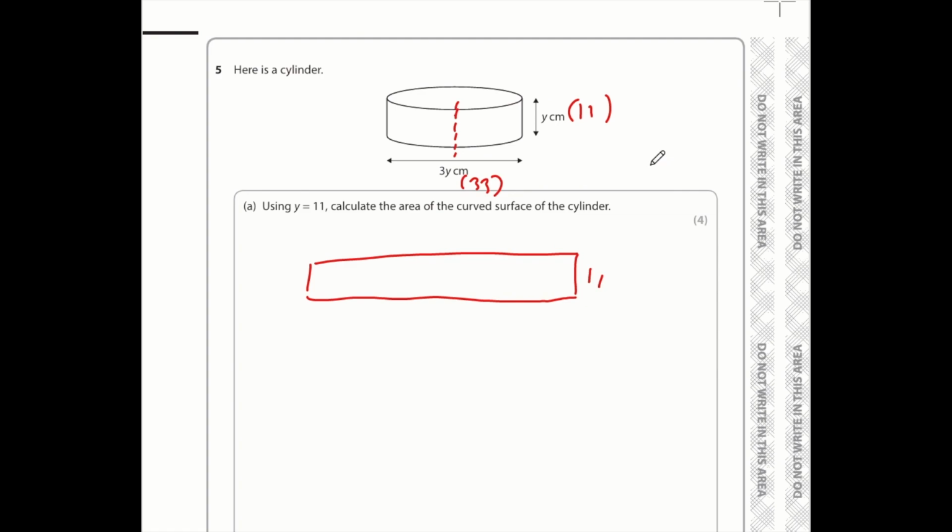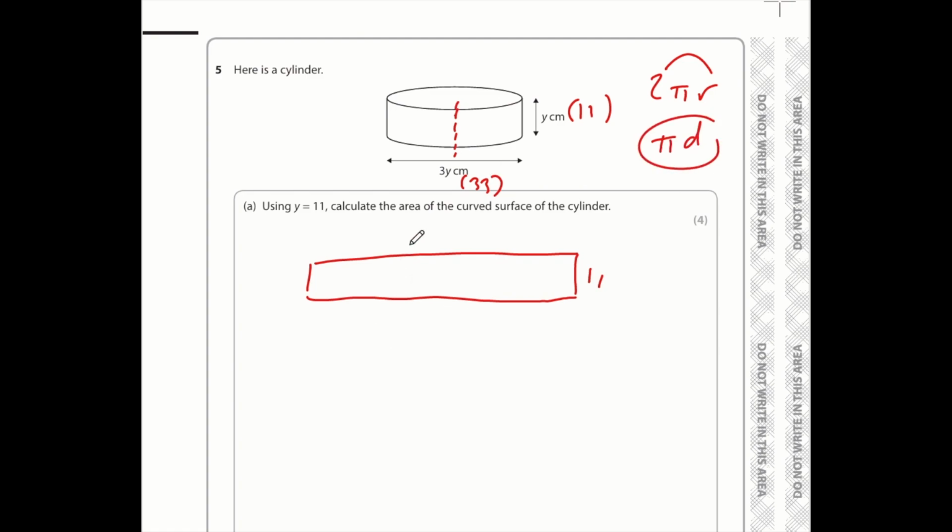There are two formulae for the circumference of a circle: 2 pi r or pi d. The reason there are two formulae is because 2 times a radius is a diameter. Given that I've got the diameter, I'm just going to use the pi d one here.